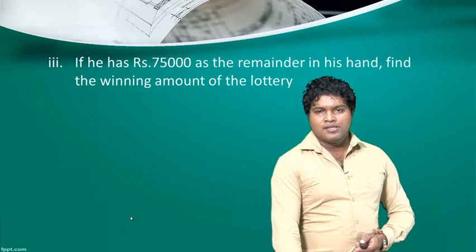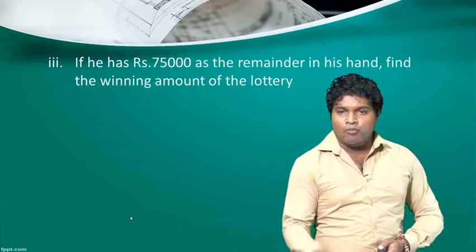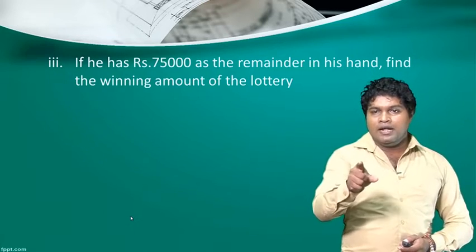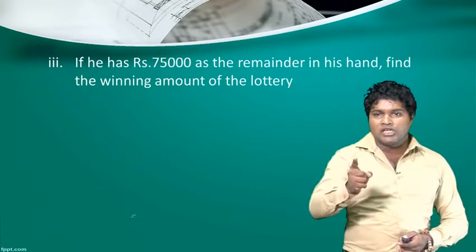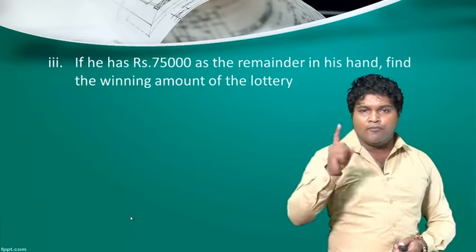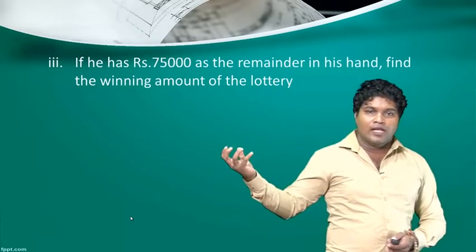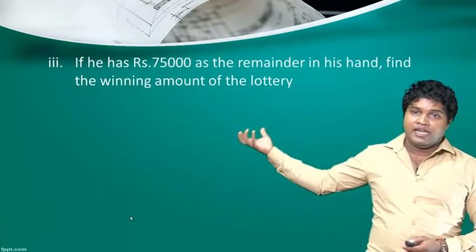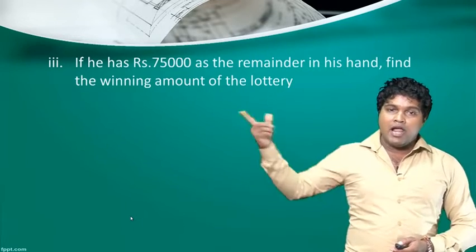Thus, what's the fraction relevant to that 75,000? You mustn't forget you are in a lesson called fraction. You must find the relevant fraction according to the given data. The given data is 75,000, meaning his final remainder in his hand. You must remember the remaining fraction according to that.